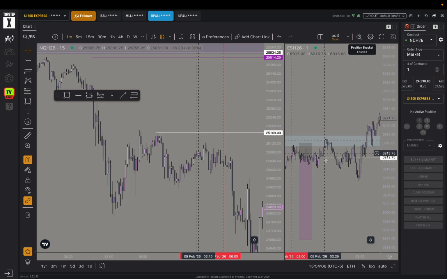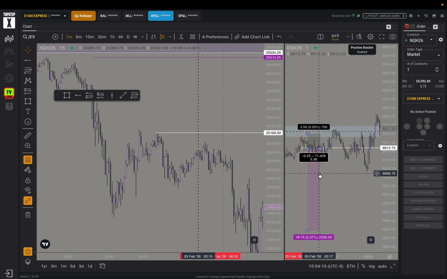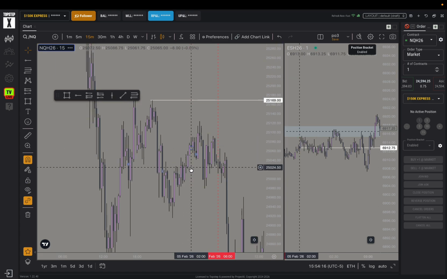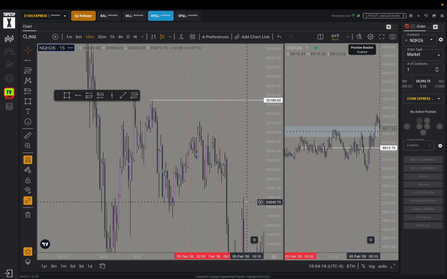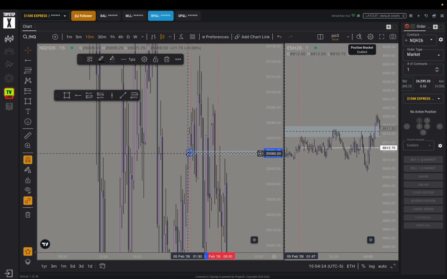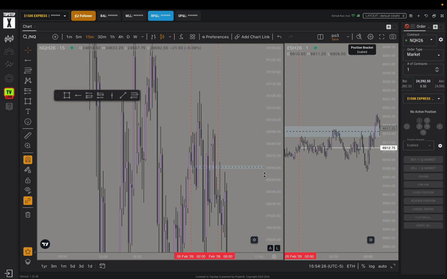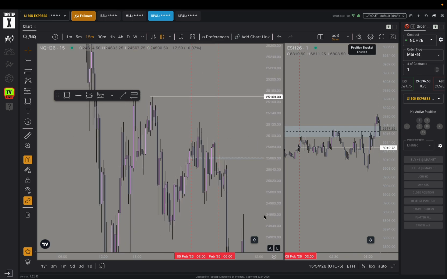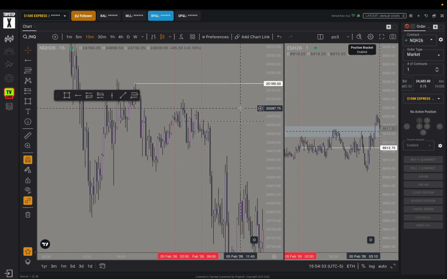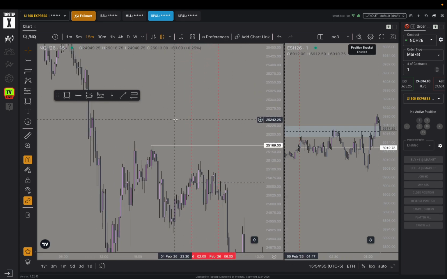Yeah, right here. And when I was looking at that, I saw that on NQ we just created a bullish fair value gap after the candle open. This one right here. And I was like, okay, we could just be bullish for this 2 a.m. candle before we dump again later in the day.